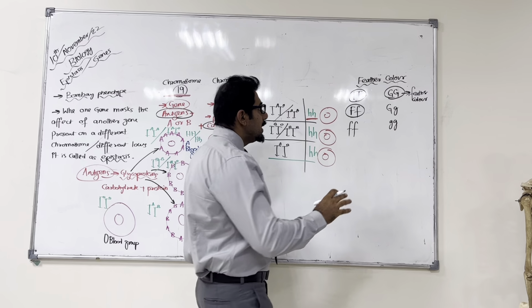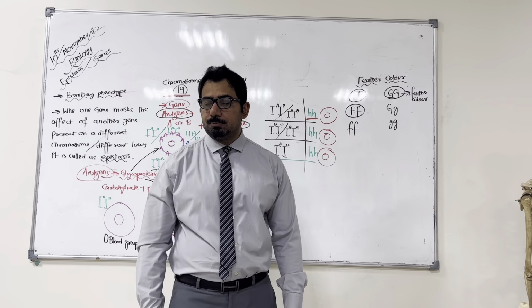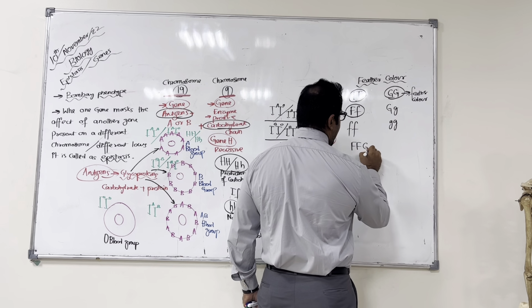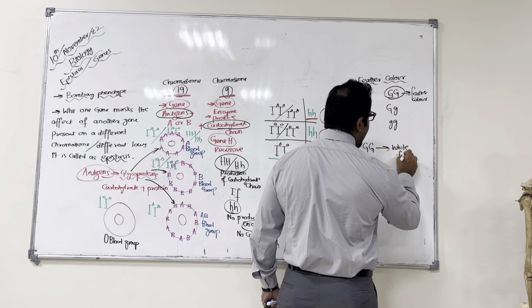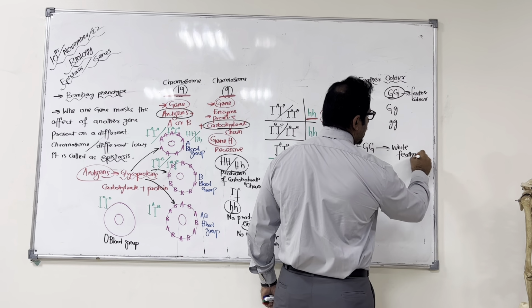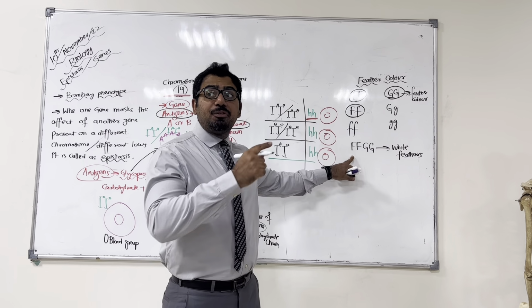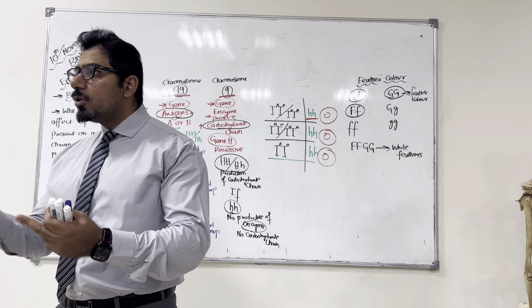Right? Now, there can be different combinations where the feather color can be produced. A chicken which has capital F, capital G will have white feathers. Now, what has happened? G produces the color.